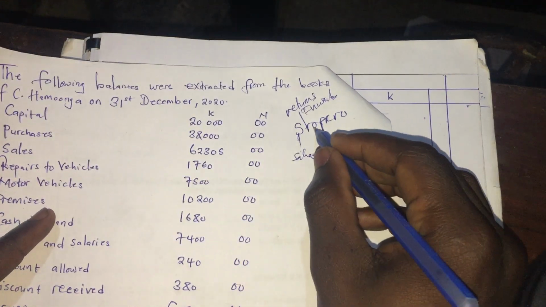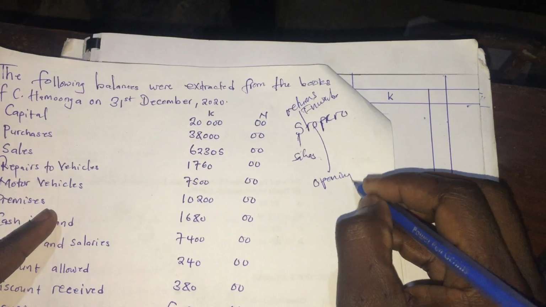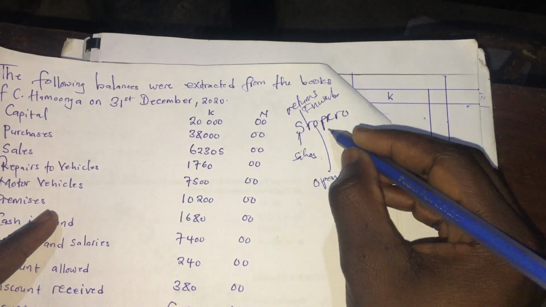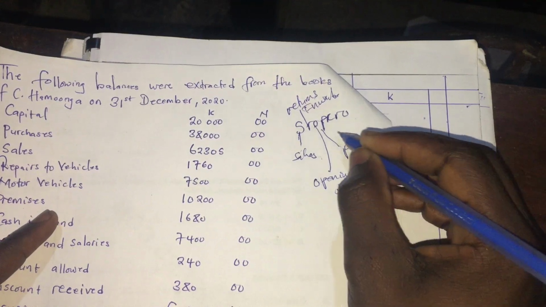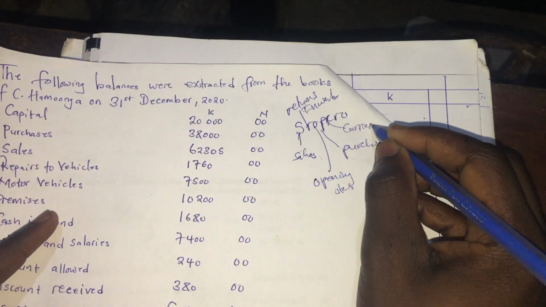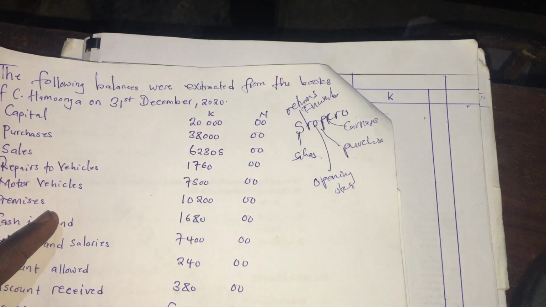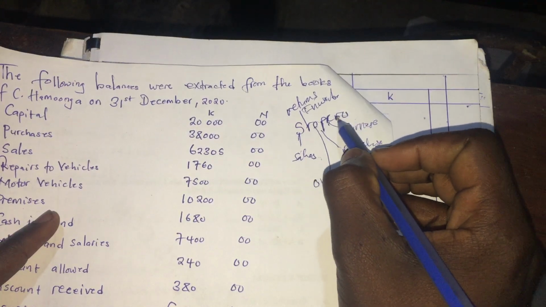Then O is the opening stock. P stands for purchases. C stands for carriage inwards. The word carriage simply means freight, or transport.